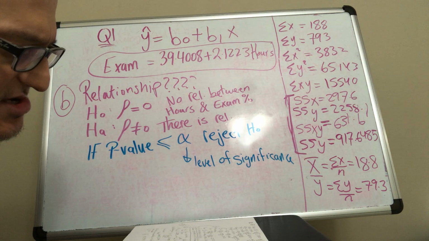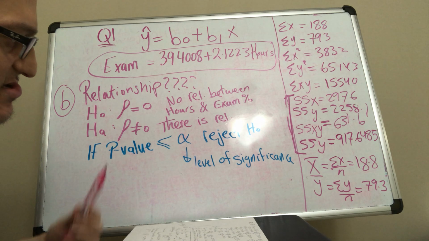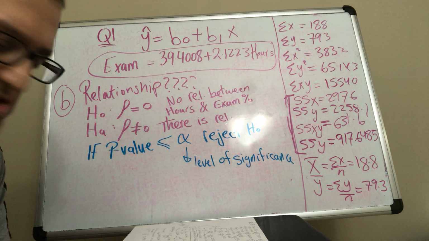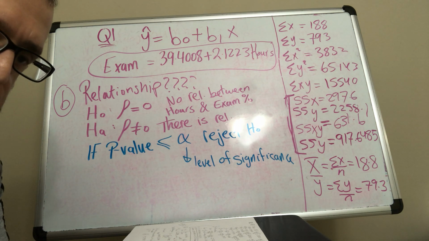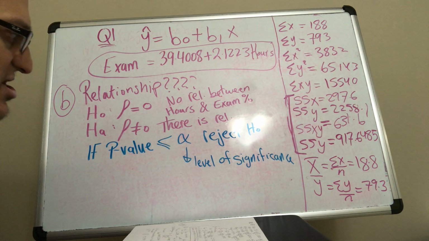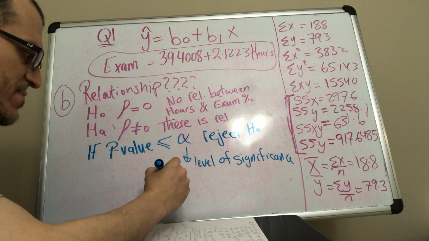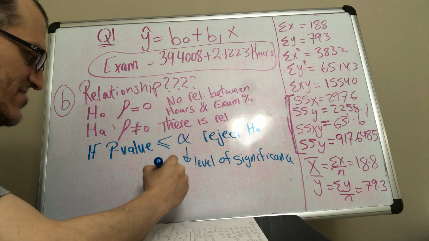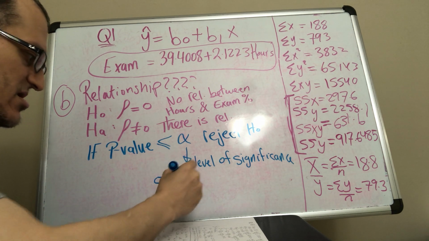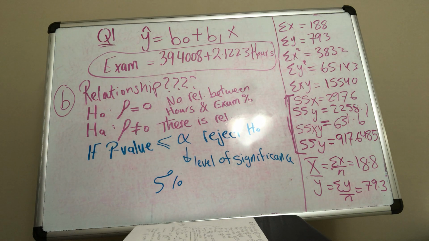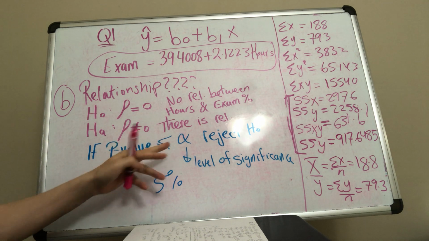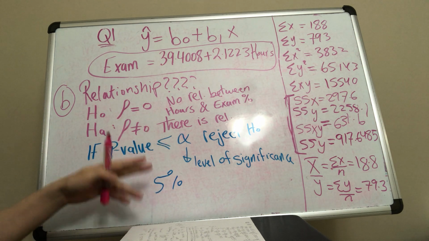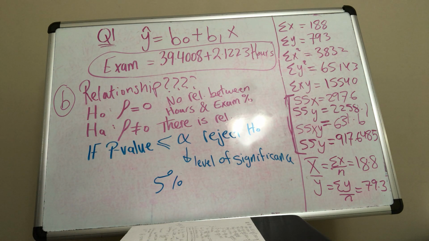It's usually given in the question, do it at alpha 5% or 1%, or do it at the level of significance of 1%, 5%. If they don't mention, use 5%. In your question, there is no mention of alpha, so we're going to say 5%. So your p-value, less than or equal to 5%, we're going to reject H0.